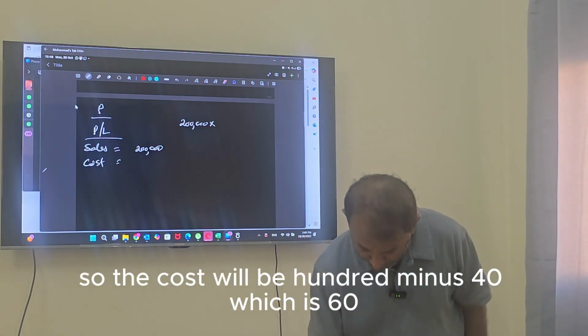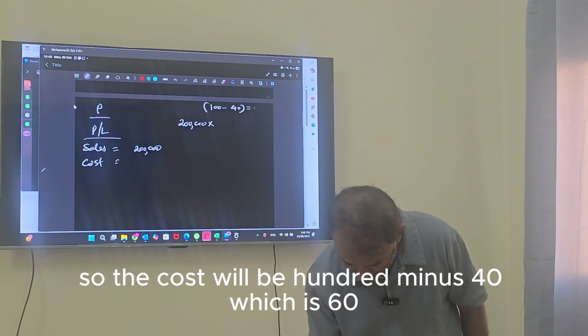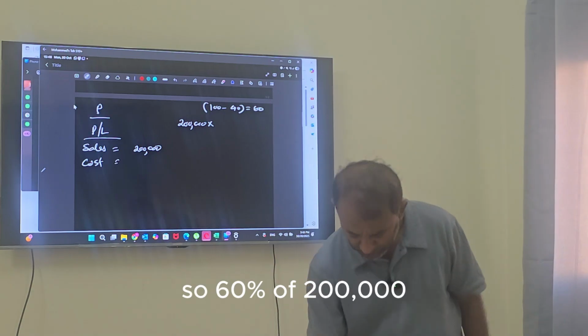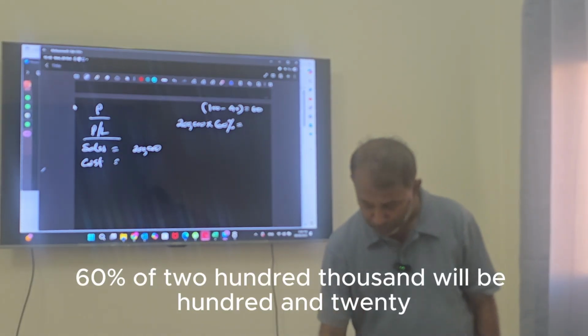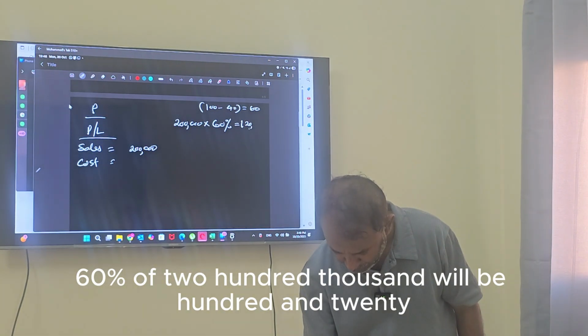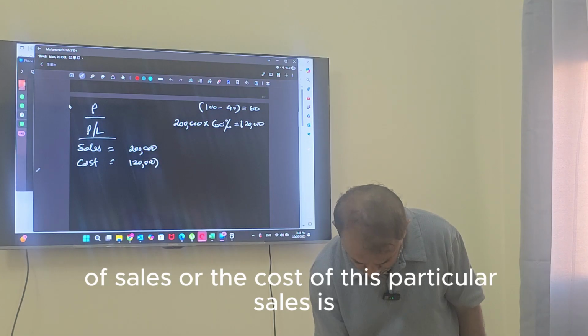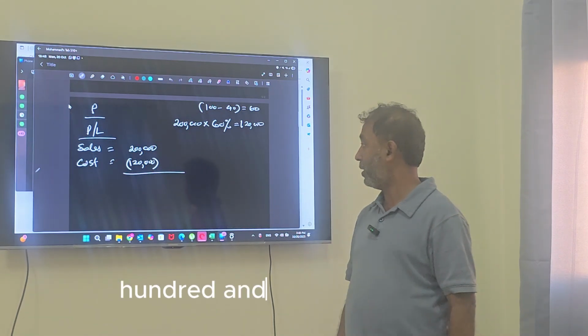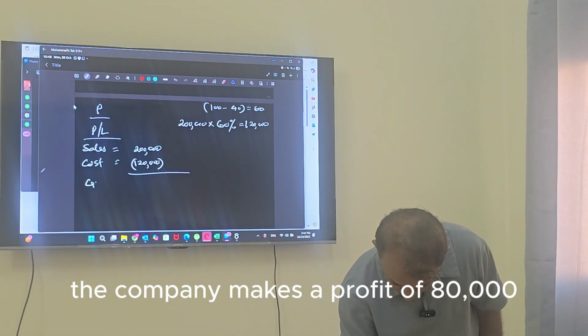So the cost will be 100 minus 40, which is 60. So 60% of 200,000 will be 120,000. Accordingly, the cost of sales is 120,000. Therefore, the company makes a profit of 80,000.